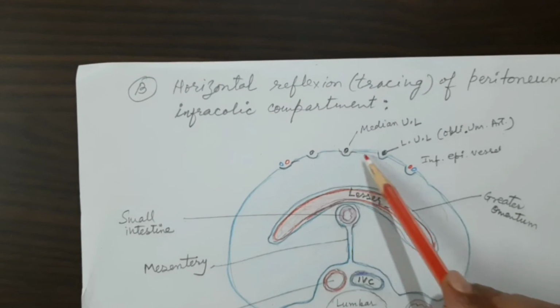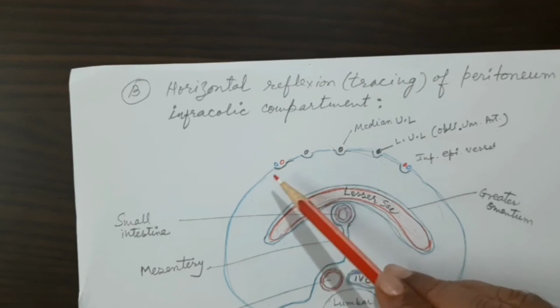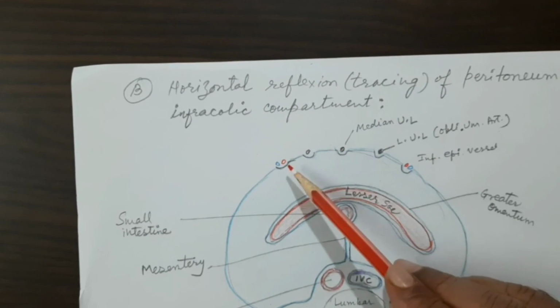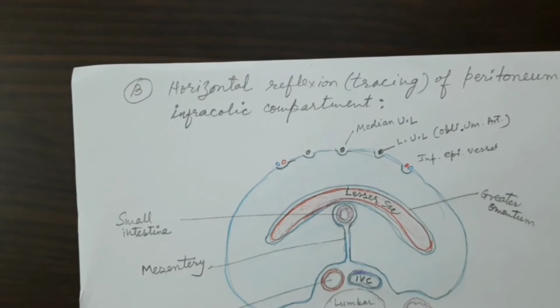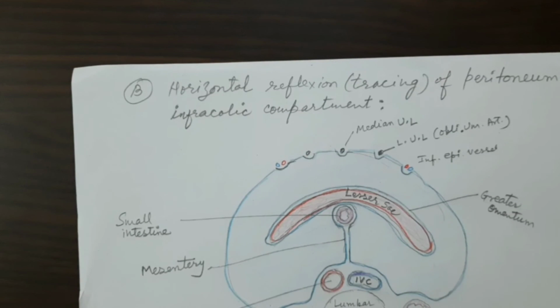Let us see some of the structures which are shown on the anterior aspect of the peritoneum, just deep to the fascia transversalis, which lies deep to the transversus abdominis muscle. Okay, let us see quickly what these structures are.